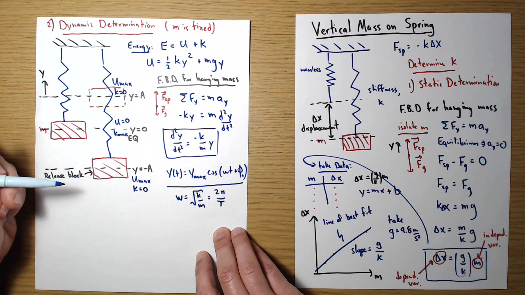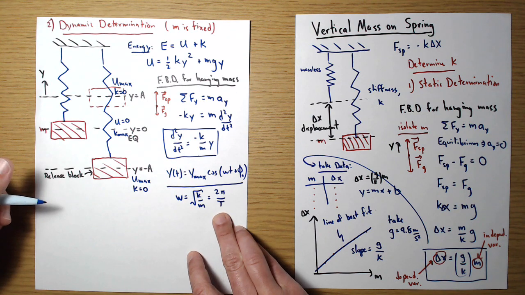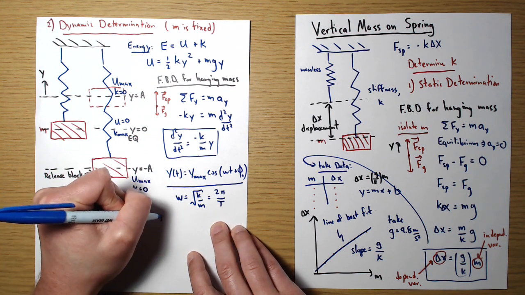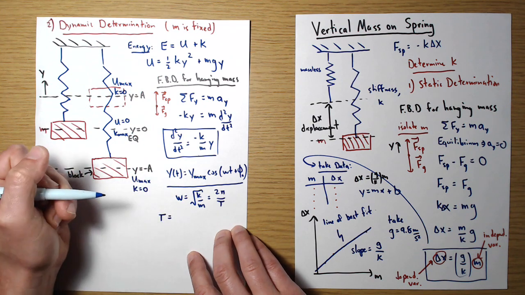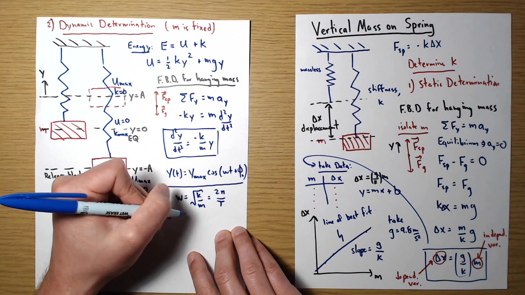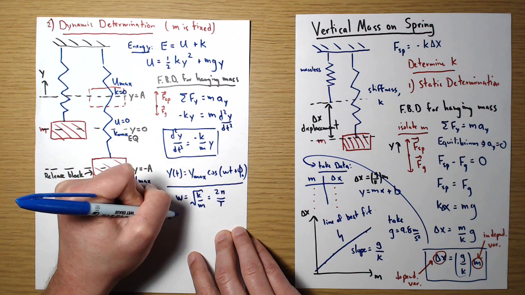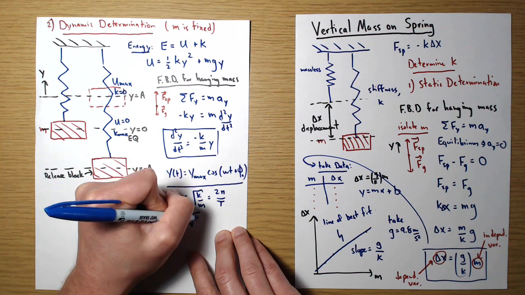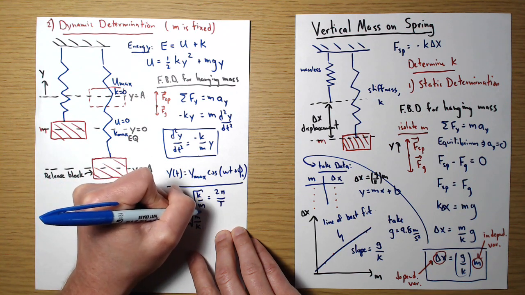So let's rearrange this equation slightly to solve for T, because T is something we can measure very easily experimentally. I multiply both sides through by T, so T is equal to 2 pi times the square root of m over k.